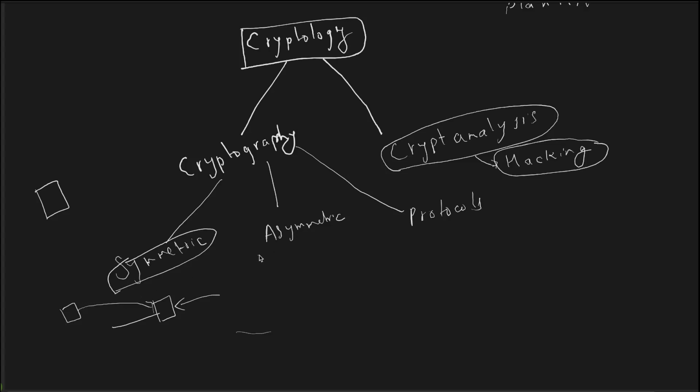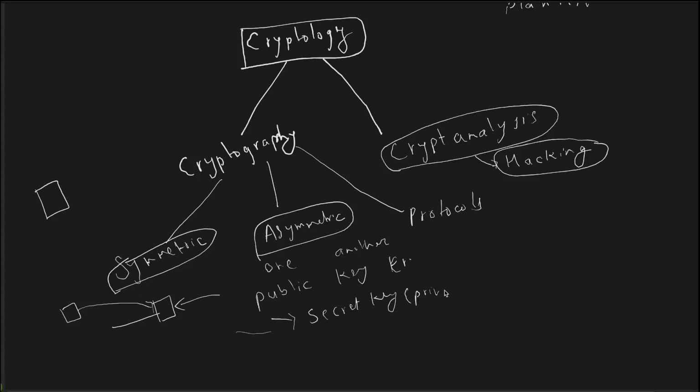Whereas in the case of asymmetric, we have multiple keys, different keys for encryption and decryption. So we have one key to encrypt the data and another one to decrypt the data, and this is also called public key cryptography. The reason it's called public key is because there are two types of keys. The first key we call a secret key, or it's also called a private key, and the other key we call a public key.